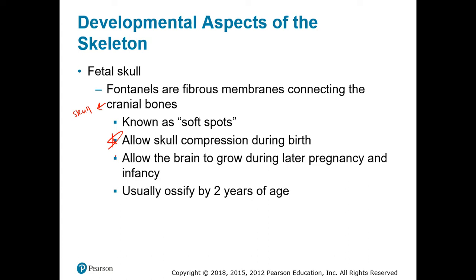The other reason that we have fontanelles is because it allows the brain to grow during late pregnancy and early infancy. So it allows brain growth. Typically, though, fontanelles go away and those bones fuse permanently, usually by the age of 2.